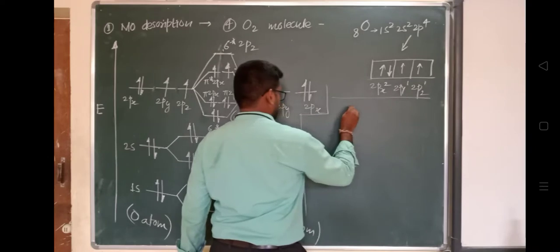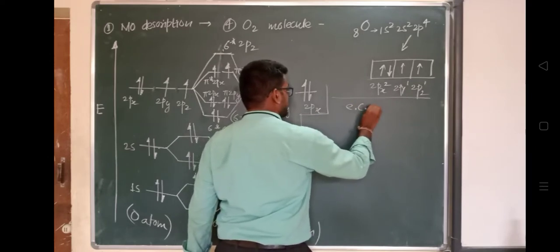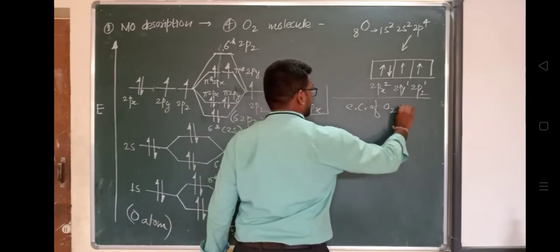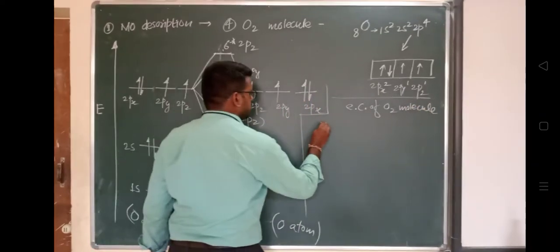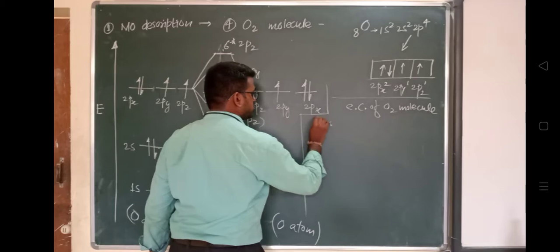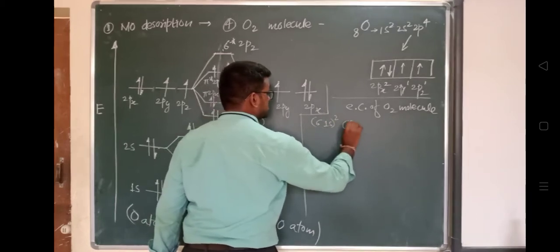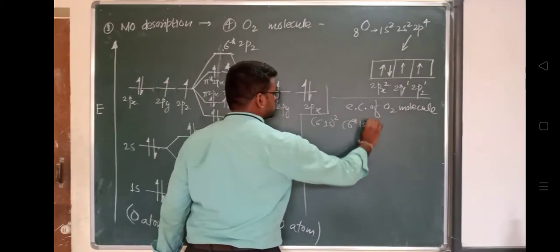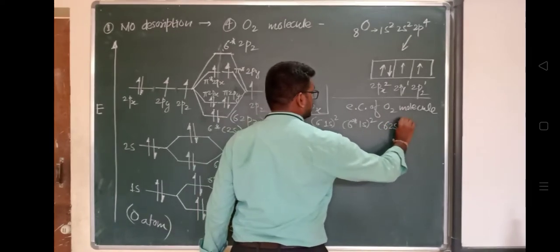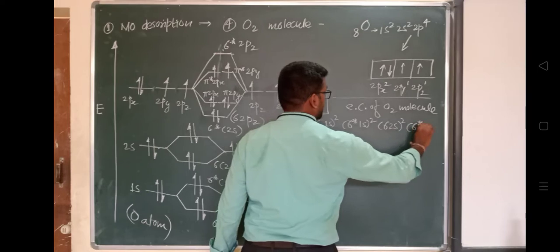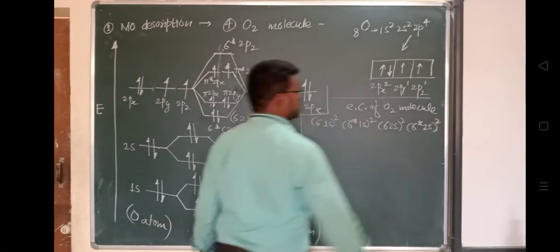So if we observe the electronic configuration of the O2 molecule, that is the oxygen molecule, it has sigma 1s2, then sigma star 1s2, then sigma 2s2, then sigma star 2s2, because 2 electrons are present here.